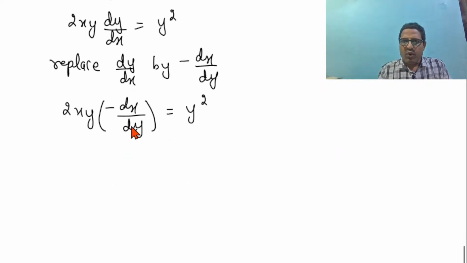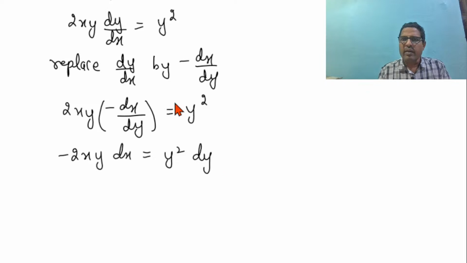Now we need to separate the variables and integrate. So I can write 2xy with a negative sign, minus of dx, is equal to, cross multiplying, y square dy. One y will cancel out from both sides.